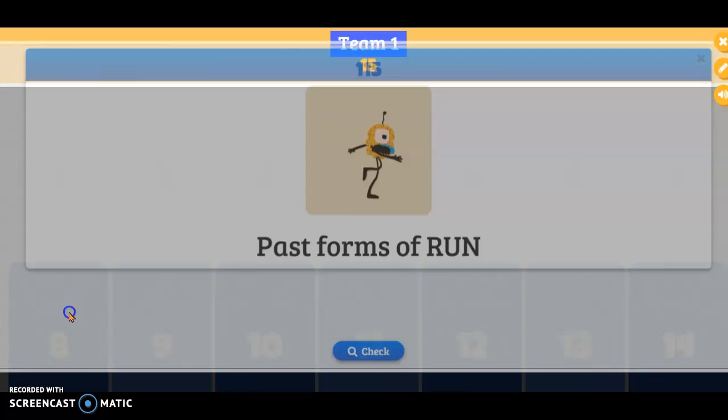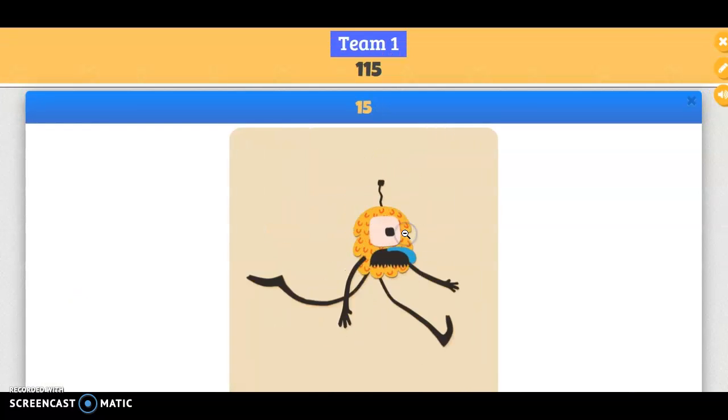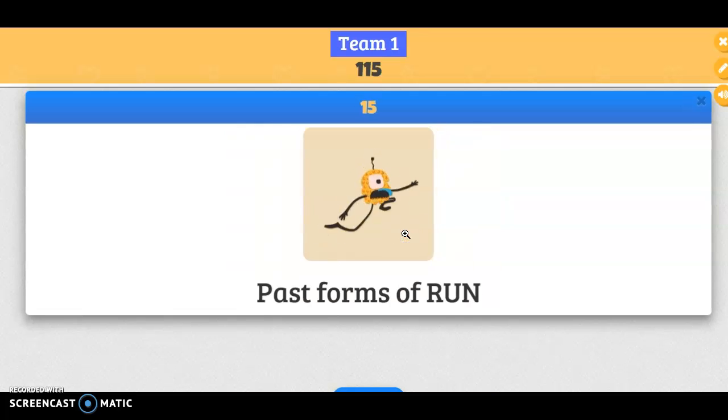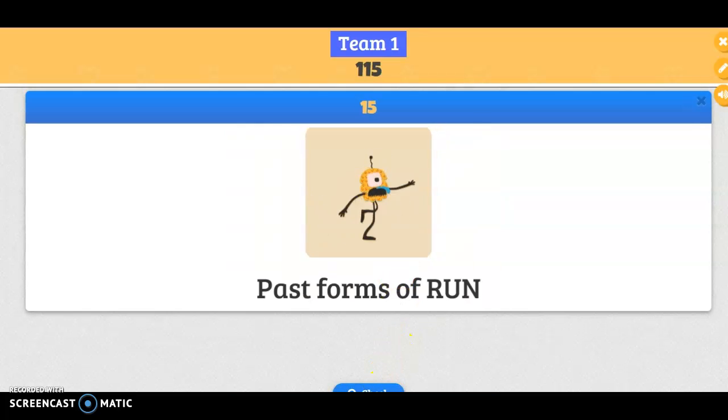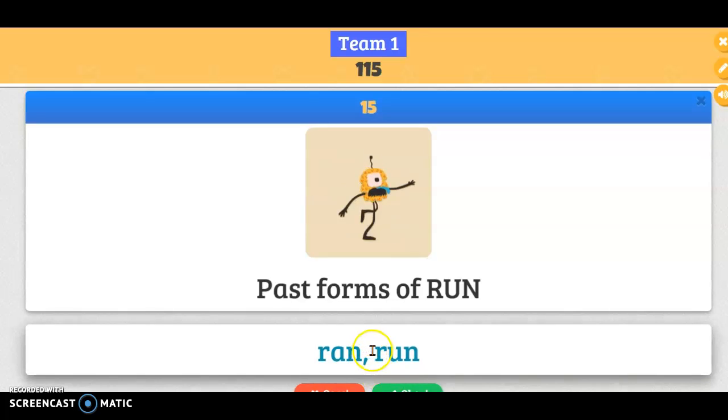Let's see the next one. Run. This creature is running for his life. Run, ran, run again. We repeat it. Run, ran, run. Come, came, come. They are similar. Okay, copy them.